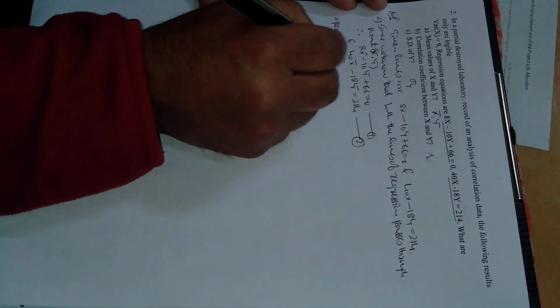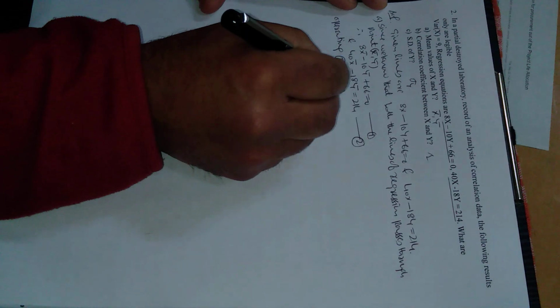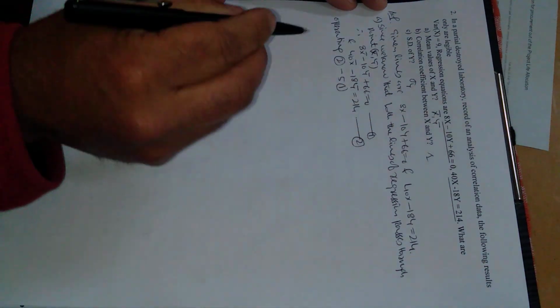Operating second equation minus 5 times the first equation, because in this way x will cancel.